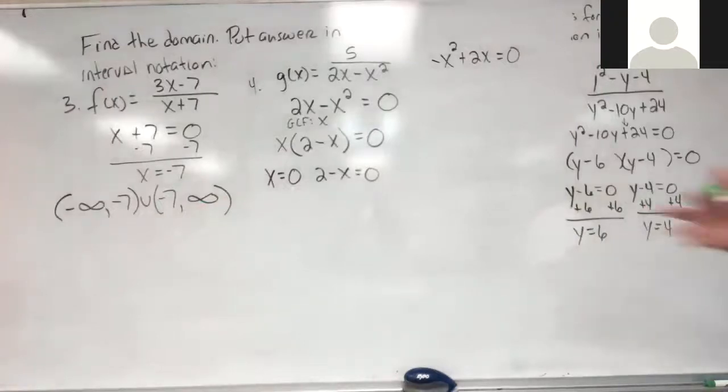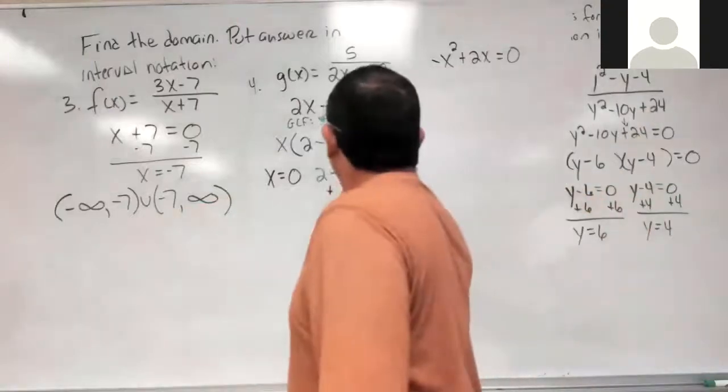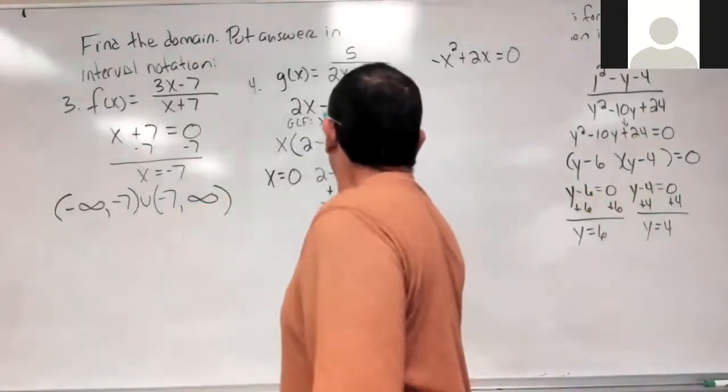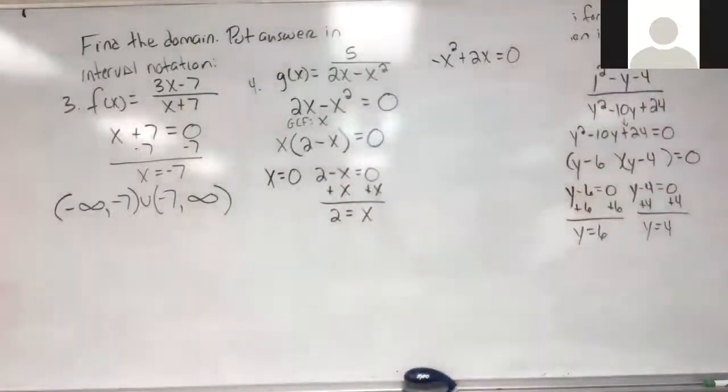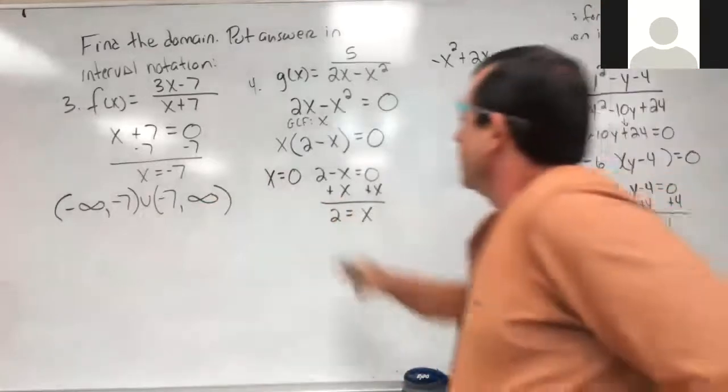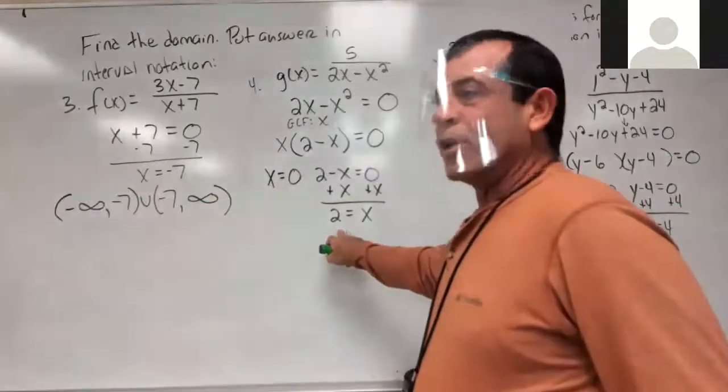So many things you can do to the second one, but if you want to do it in one move, move that x over and make it positive. You can add an x to both sides, and you get 2 equals x, which is the same thing as x equals 2. So notice I got a 0 and a 2 are my numbers.